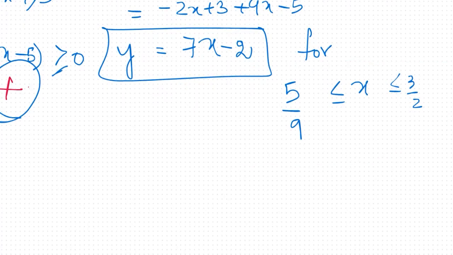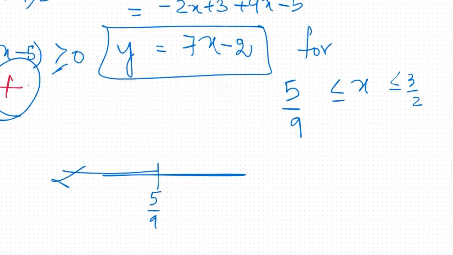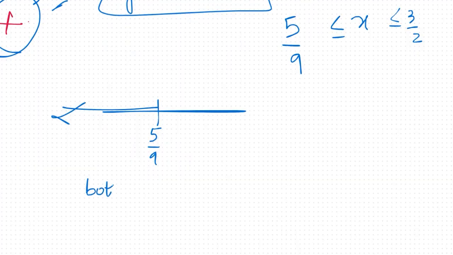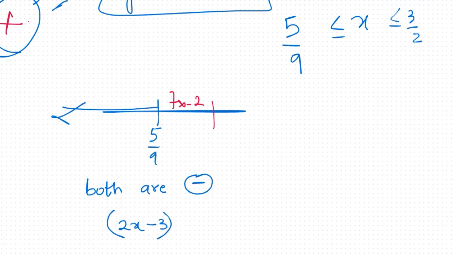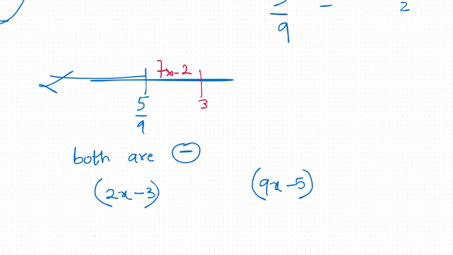And for the last region, which is less than 5/9, both 2x minus 3 and 9x minus 5 are negative.